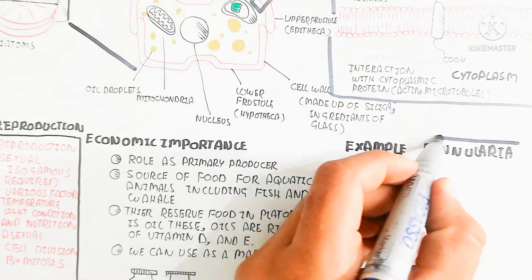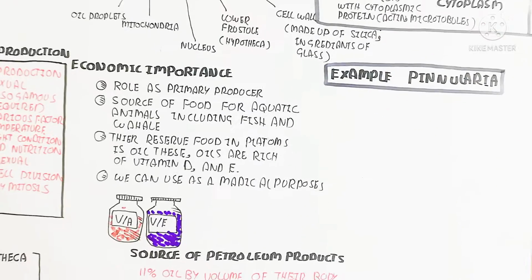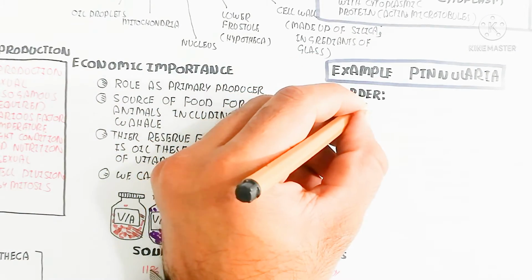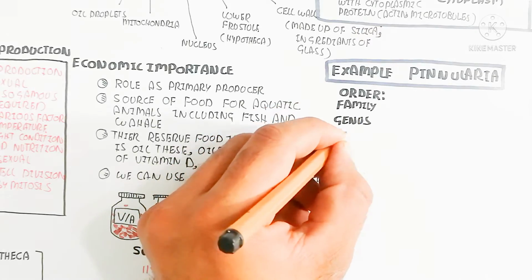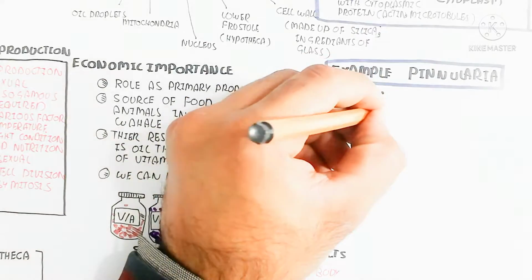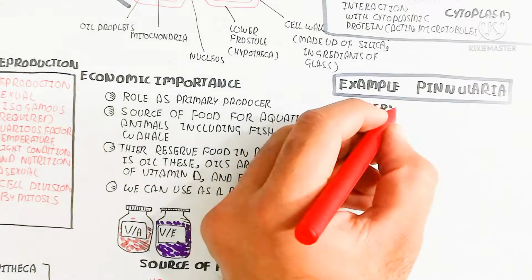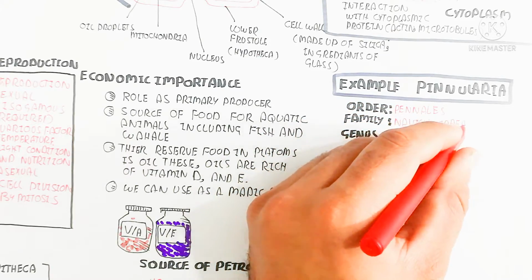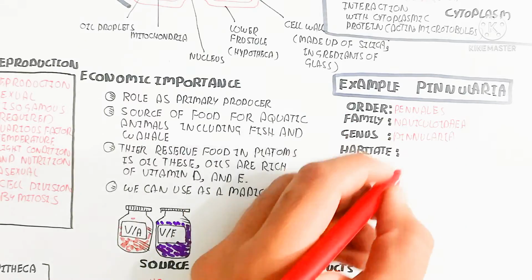Now the structure. We will discuss an example of the Bacillariophyta, Pinnularia. Pinnularia has a pin-like structure. Let's discuss the order, family, genus and habitat. The order is Pennales, the family is Naviculaceae, and Pinnularia is the genus.